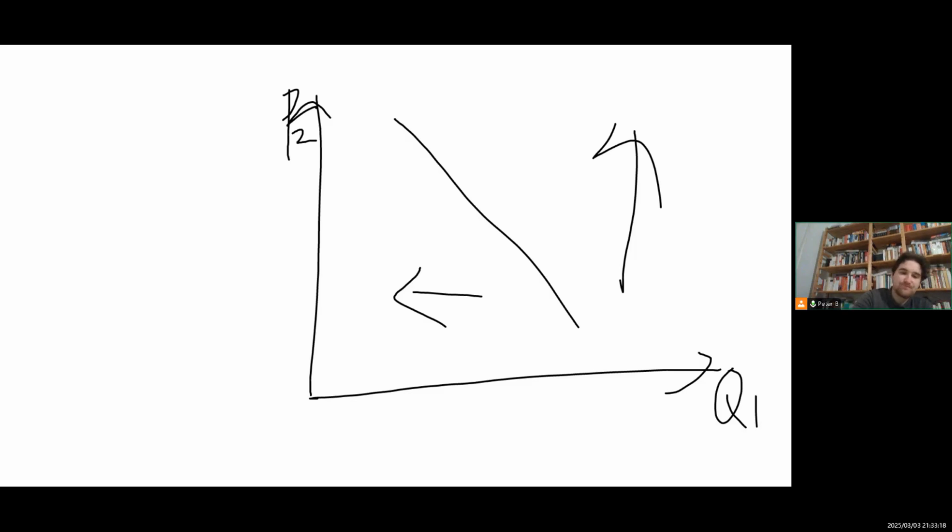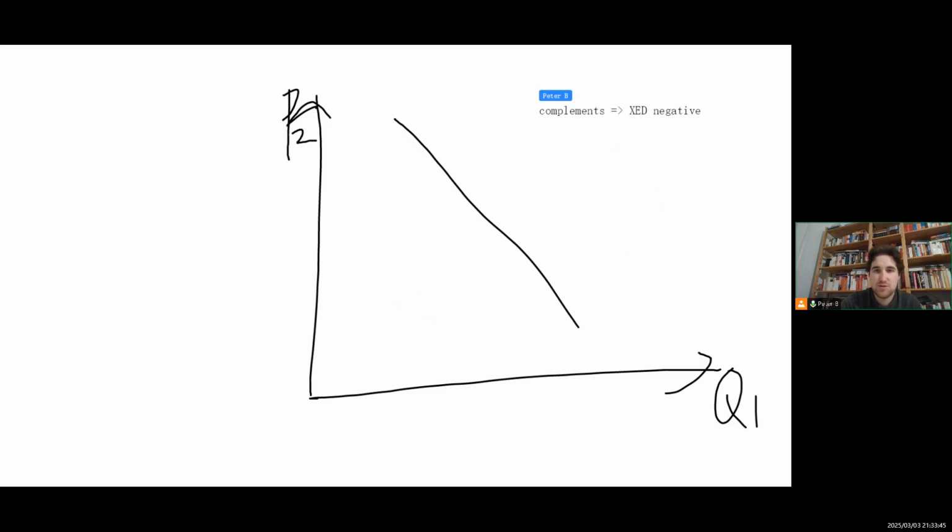So that is also given to us here. Typically, when goods are complements, which we spell like this for some reason, then we would also say that the XED, the cross elasticity of demand, how much the quantity of one good changes with the price of another, will be negative because it's increasing the cost of the whole package of doing this activity.